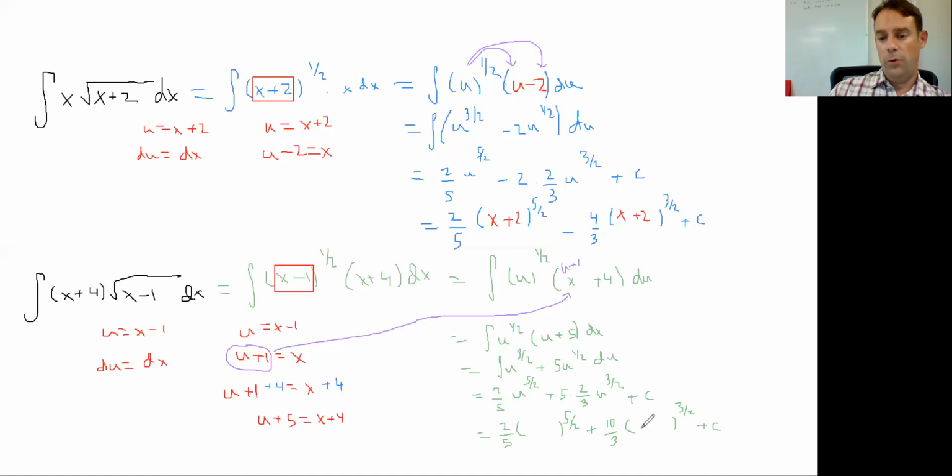So we end up with what u was at the very beginning, x minus 1. So there we go.